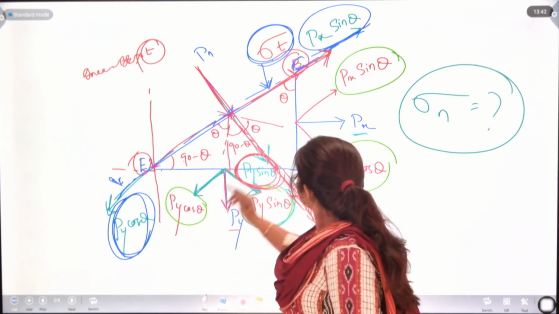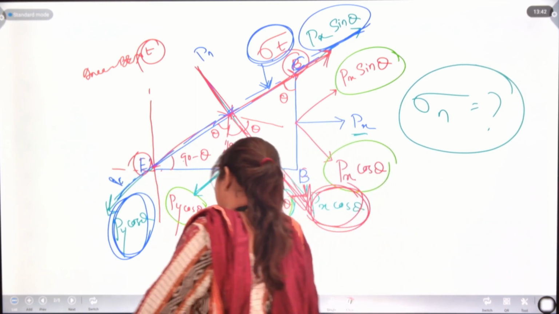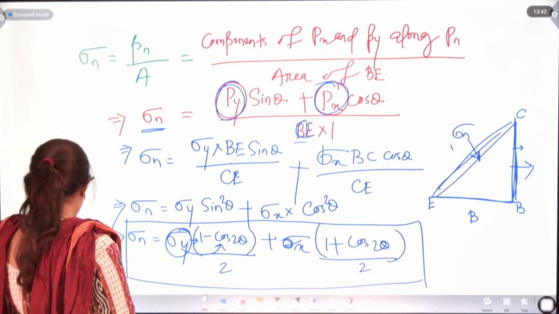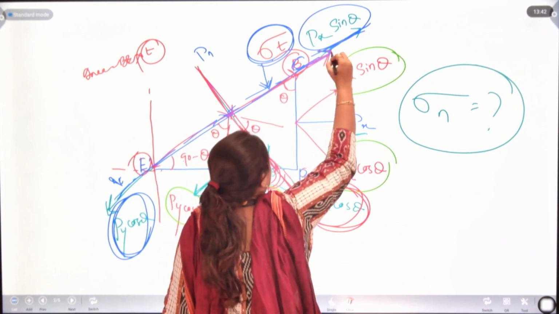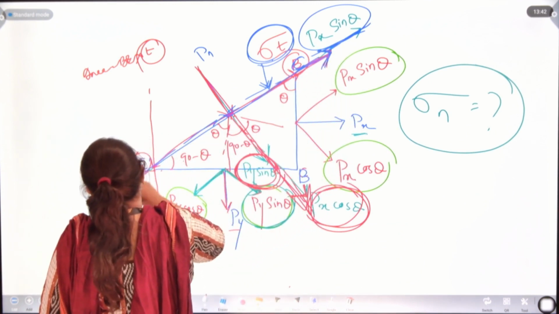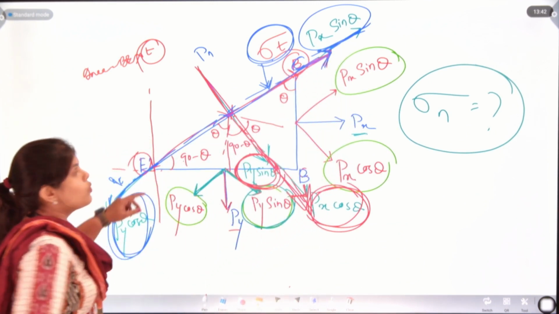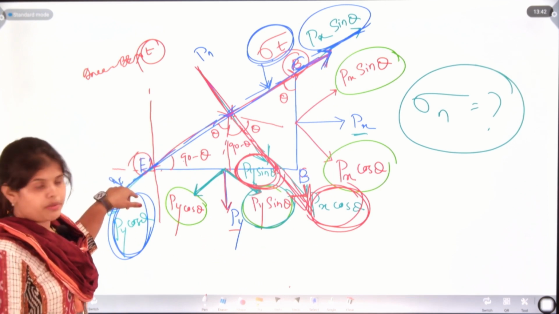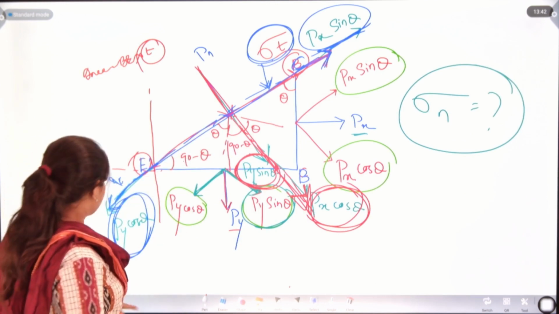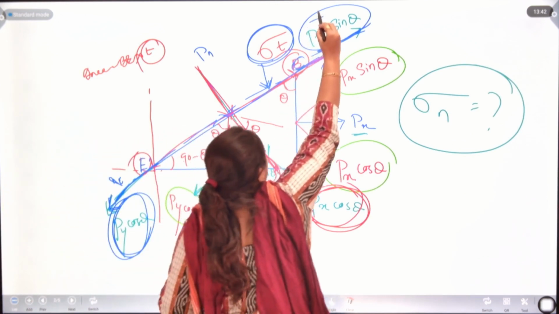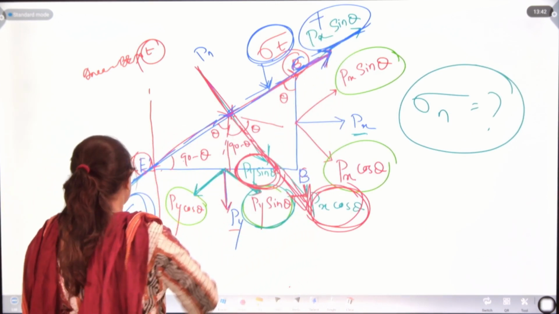So let's take Px sin theta and Py cos theta. Here another thing, if this is acting in this direction and this is acting in this direction, so one will be positive and one will be negative, right? So we have Px, and let's take this as positive and this as negative.